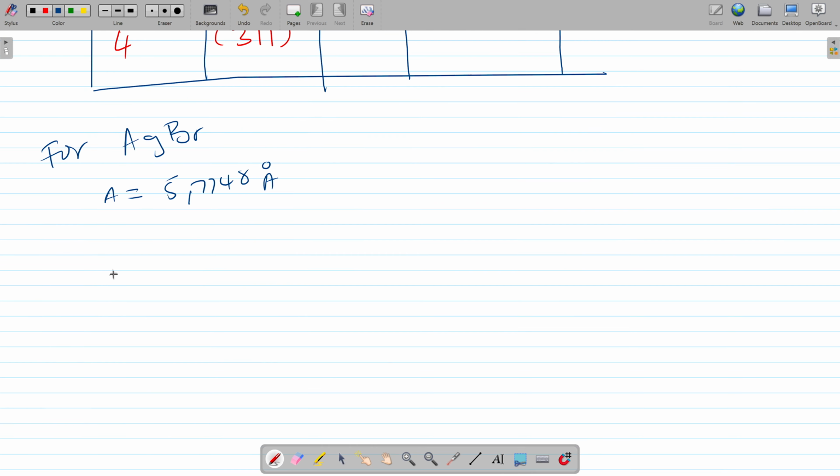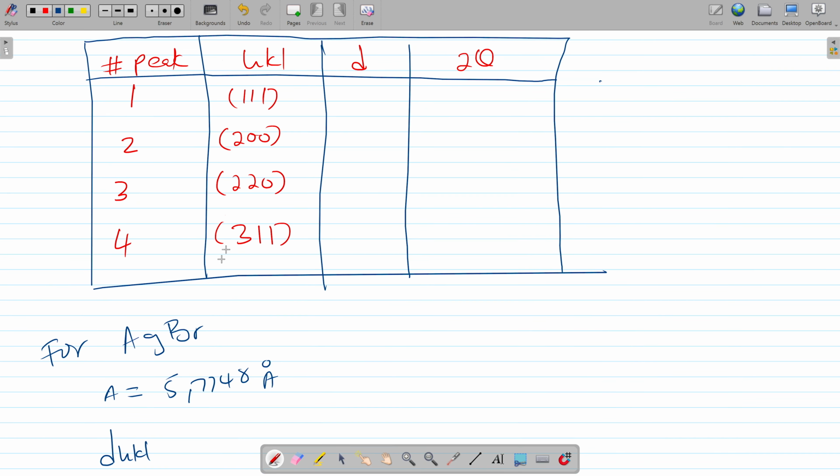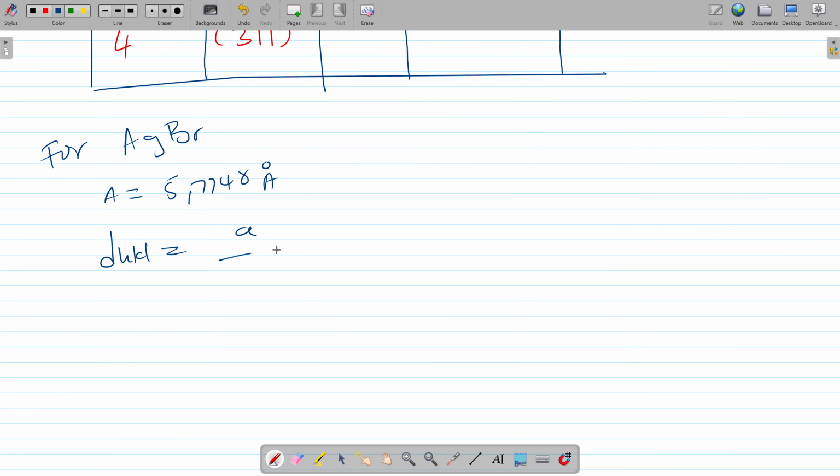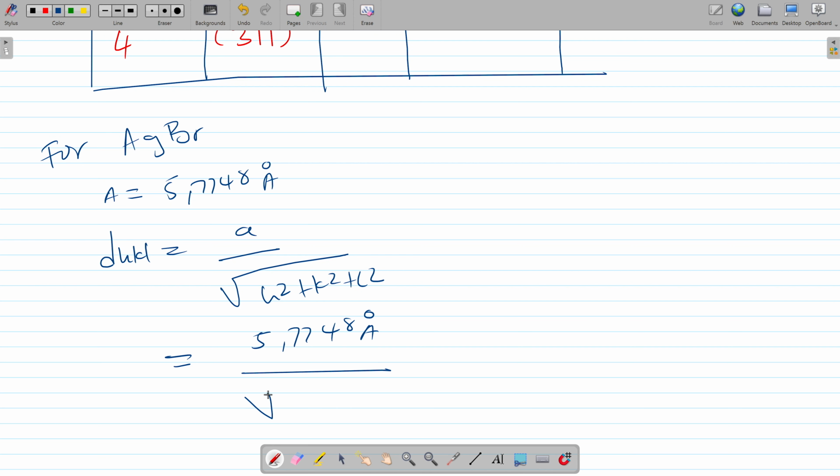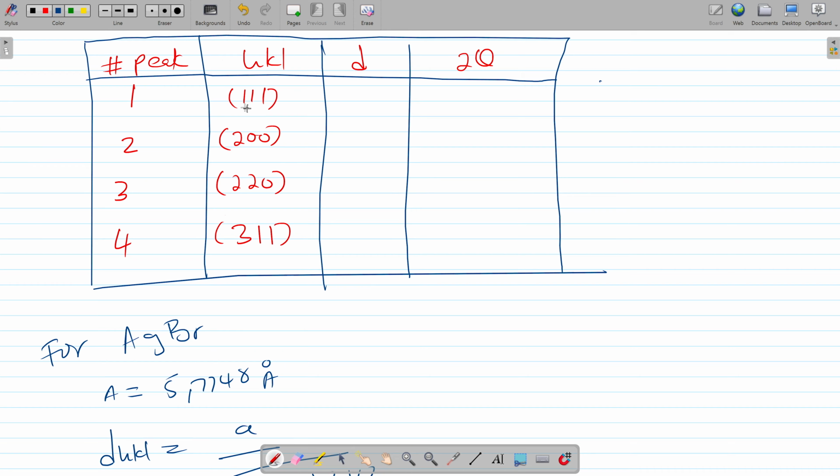So I'm gonna say the d_hkl, right? And remember, this one is for this one. We have a divided by the square root of h squared plus k squared plus l squared, right? And then in here, we're going to substitute our a, which is 5.7748 angstrom. We divide that by our first plane here, which is 111.